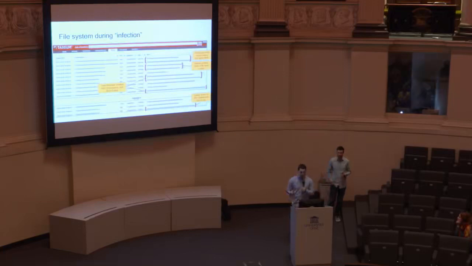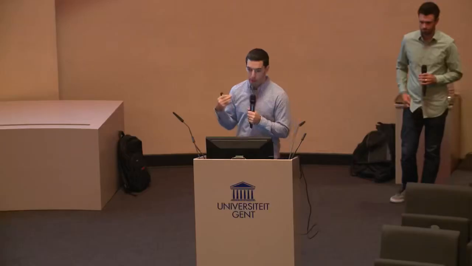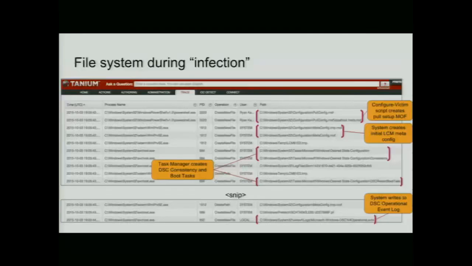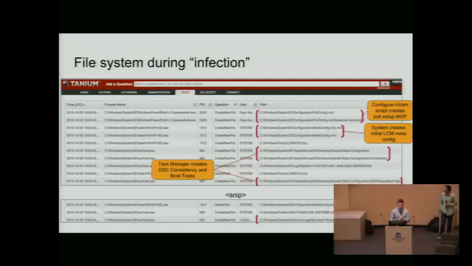So what happens on the file system during infection? Basically, we used the config to make the victim pull down the payload that ran the netcat64 binary as our first example, and monitored file system activity to look at what changed while this was occurring, to see all the files that were being written and touched and so on.